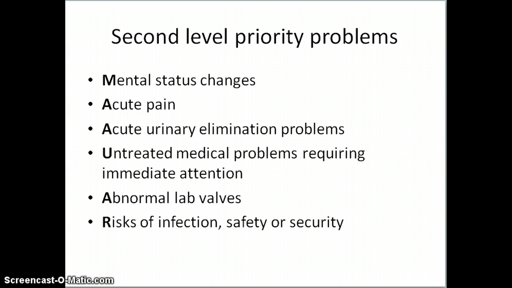Any problems with urinary elimination, because that bladder can only hold so much volume of urine, and the patient is very uncomfortable, but can also experience some severe physical problems as a result of that lack of elimination. Untreated medical problems and abnormal lab values need to be called to a physician so we can get things turned around or something initiated to help solve that problem. And then our risk for infection, safety, and security are also on that second level of priority.